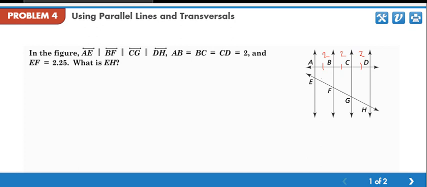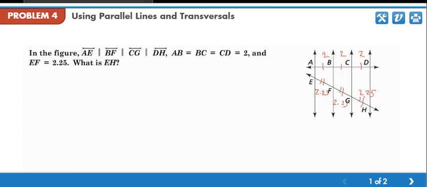So this EF is going to be congruent to FG, which is going to be congruent to GH, and it tells me that each of these is 2.25. So this is 2.25, which means that this side right here is also 2.25. So I want to know what is EH, the length of that.